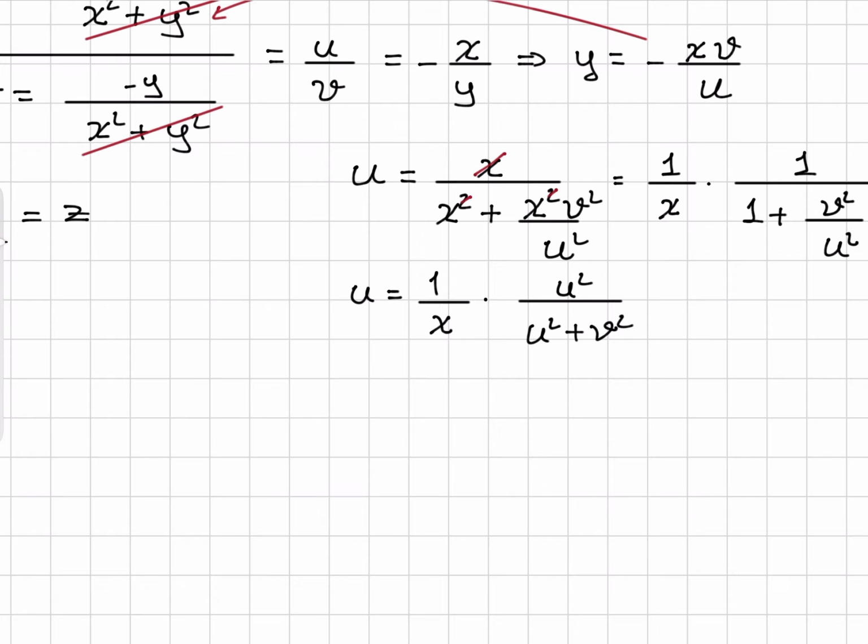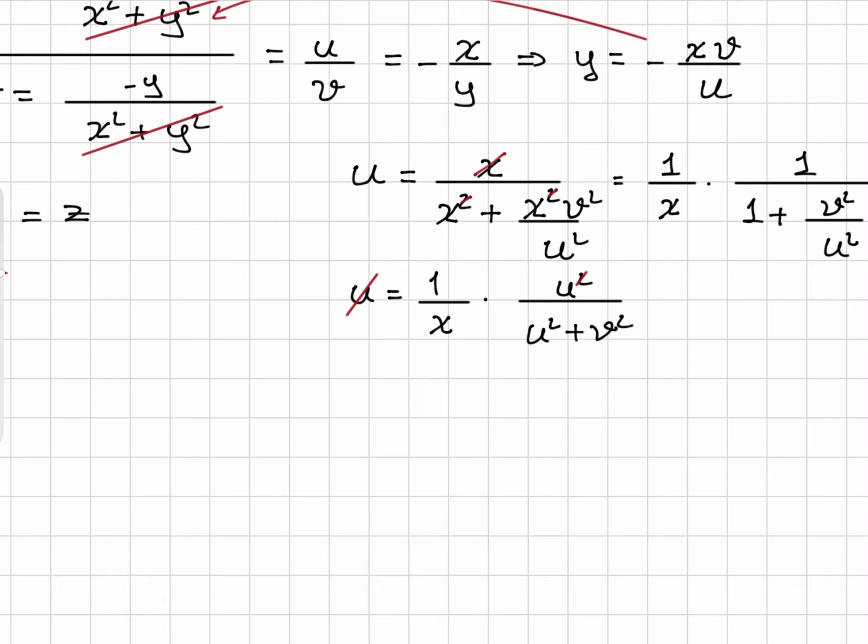All right. Now I want to solve for x in terms of u and v. And I see that on the left-hand side I have u, on the right-hand side I have a multiplier u squared. So one of these u's will disappear.